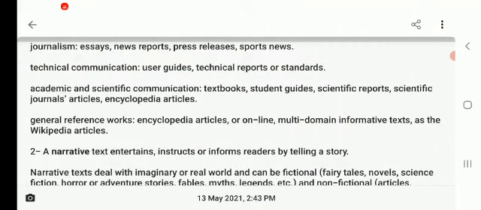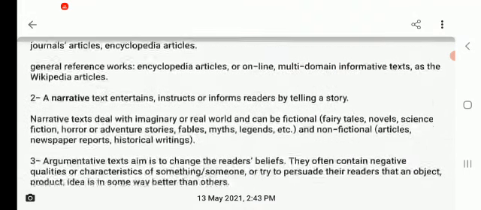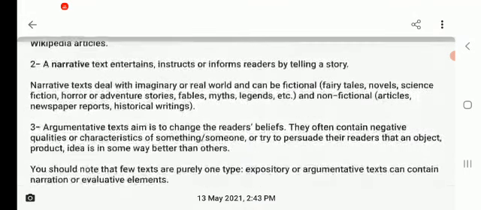Now the second category, if we are talking about the text types, is the narrative text. Here, a narrative text entertains, instructs, or informs readers by telling a story. One has to narrate to tell a story.